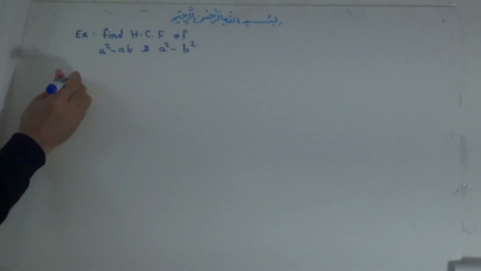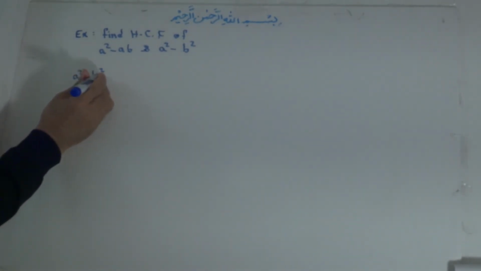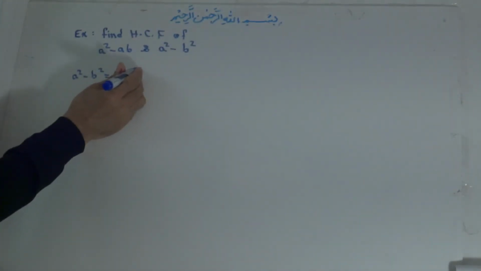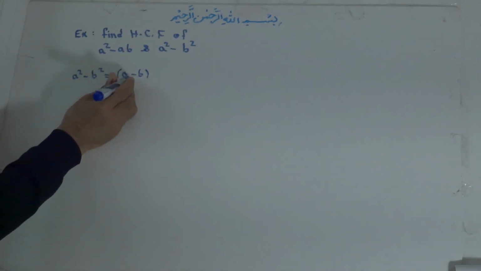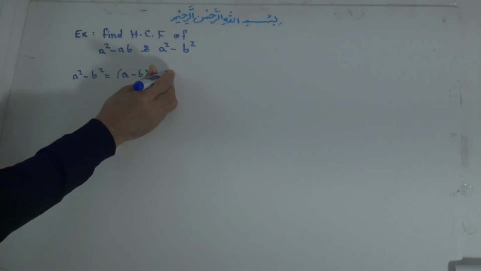Now we know that a to the power of 2 minus b to the power of 2 is equal to a minus b times a plus b.